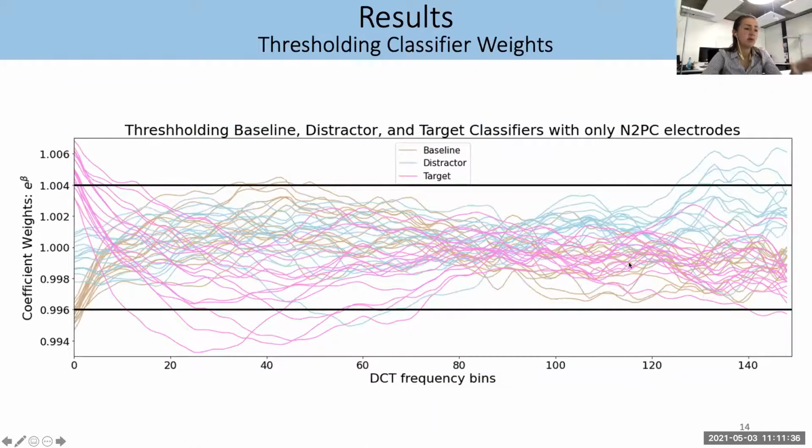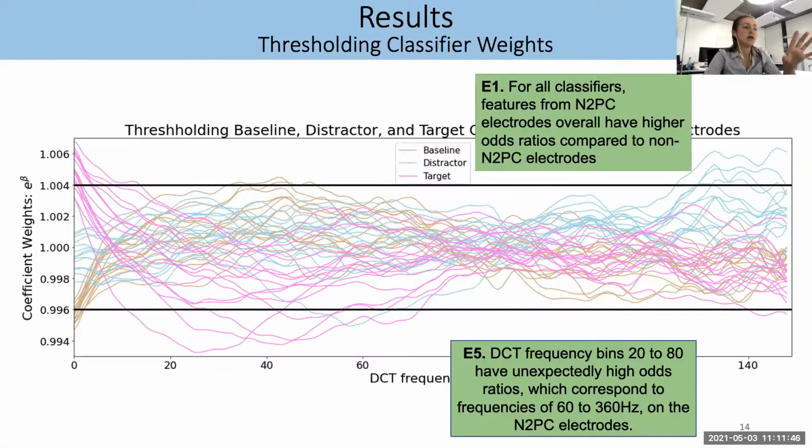Then we decided to only group the N2PC electrodes to try to really see what the pattern of all of the classes looks like. And from this, we were able to understand that indeed all of the N2PC electrodes overall have stronger odds compared to the non-N2PC electrodes.